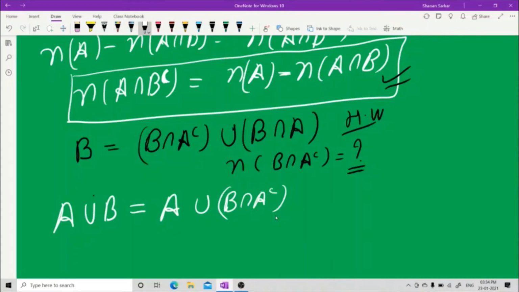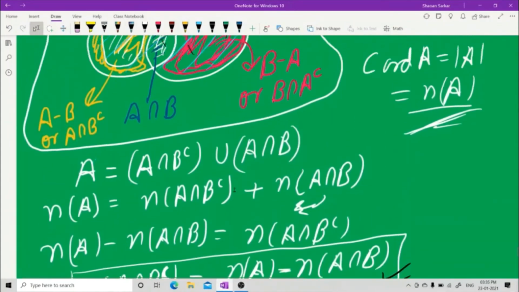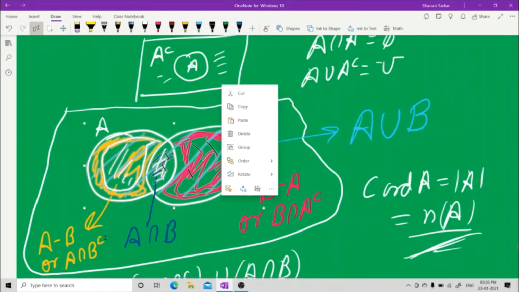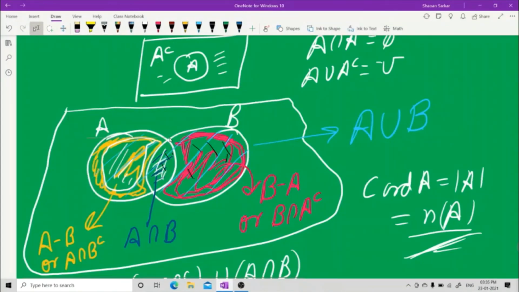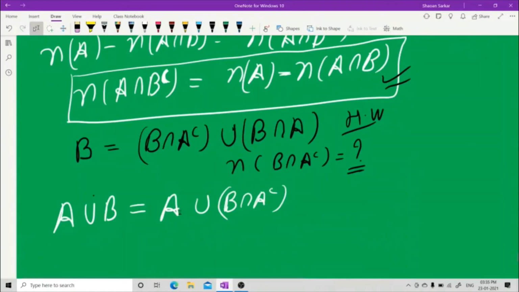Now understand what I want to say. See this picture. This complete thing, this much portion completely, and this pink portion, only the pink color. So you have A union B is A union B intersection A complement.